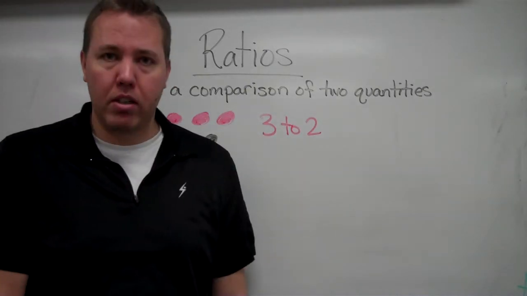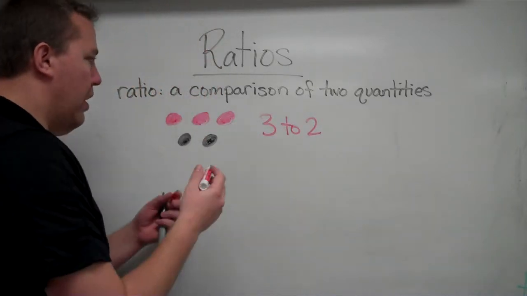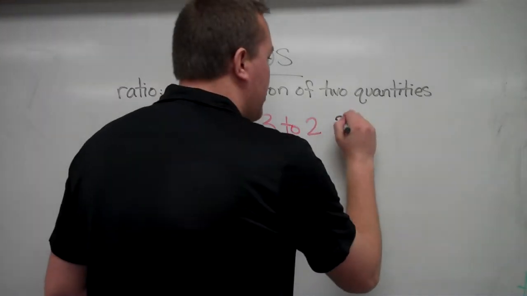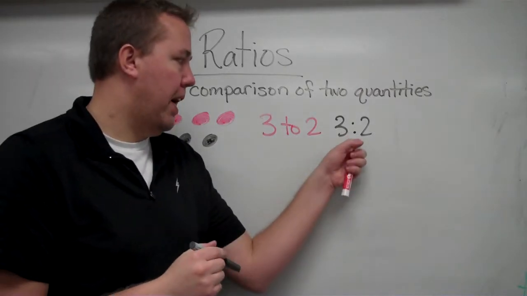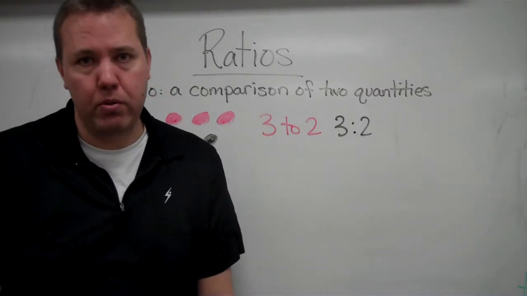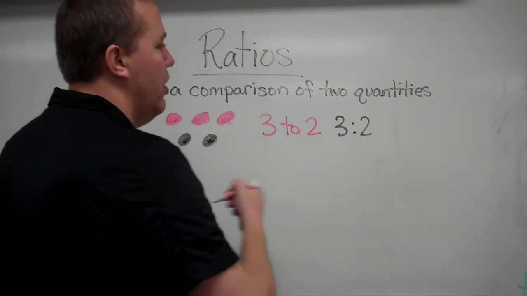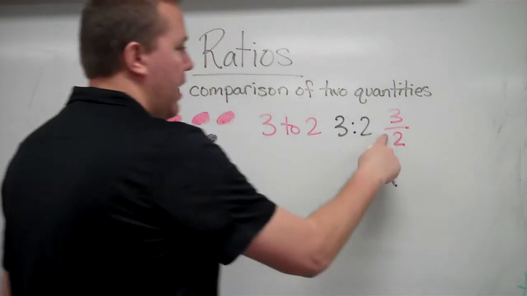I have 17 girls to 15 boys in my classroom on a daily basis. So 3 to 2. I can also write this with a colon separating the two numbers. The colon in math denotes ratios. So you can write it 3 to 2 that way, or you can write it as a fraction, 3 to every 2.